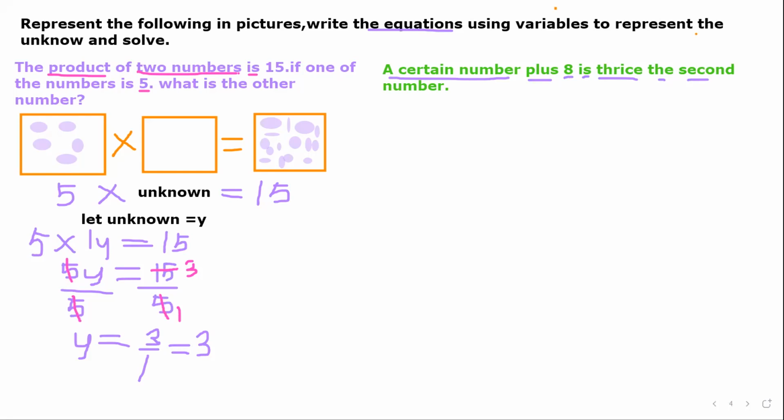Good. I have a certain number plus 8. The result is thrice the second number. Okay, good.